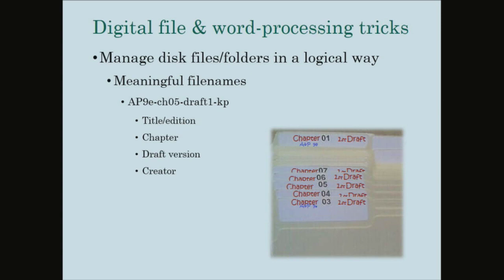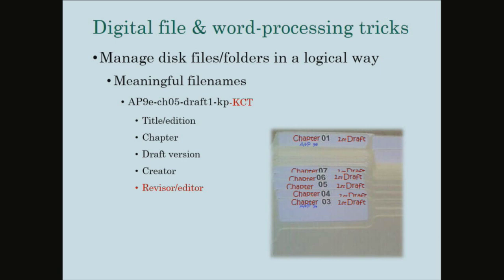And then, as the process goes on, I can append additional information to the file titles. So my developmental editor right now is Karen C. Turner, and she uses those initials, KCT, and she capitalizes them. So I know at a glance when I see capital KCT, and I always use lowercase for mine, that's Karen's version.